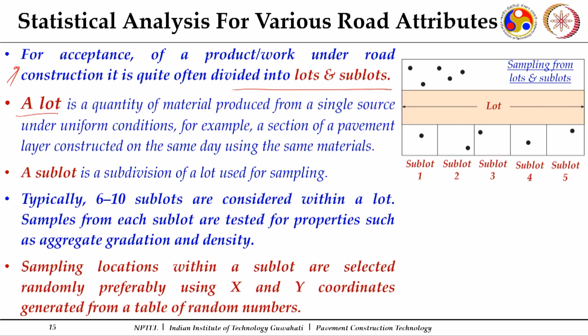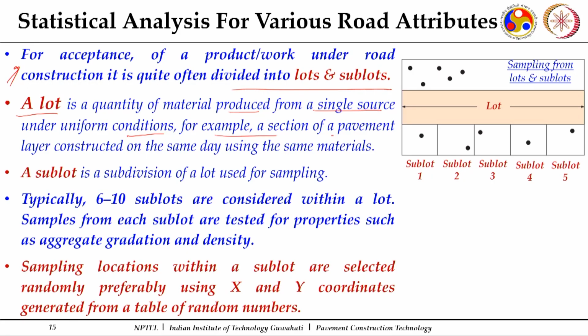A lot is a quantity of material produced from a single source. A single source means the variability is controlled, for example one day when we are running a wet mix plant, or one day when we are running a hot mix plant. We expect uniformity in that process during that one day's work, under uniform conditions, for example a section of a pavement layer constructed on the same day using the same materials.